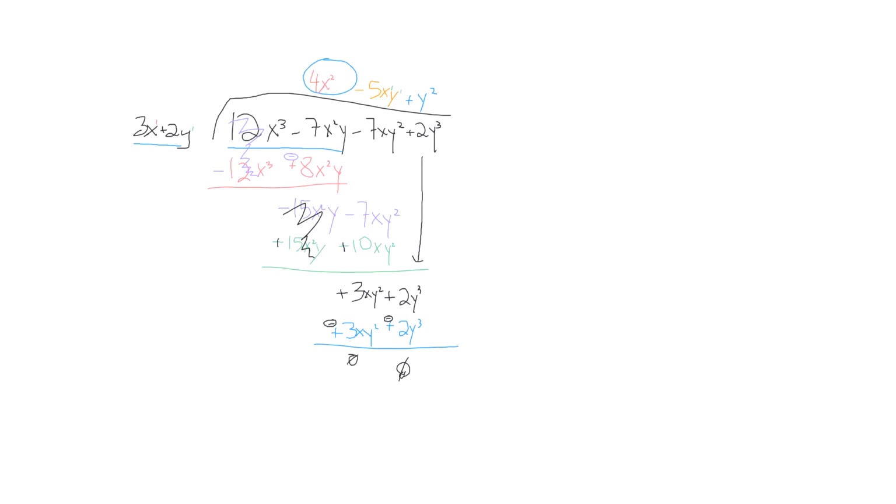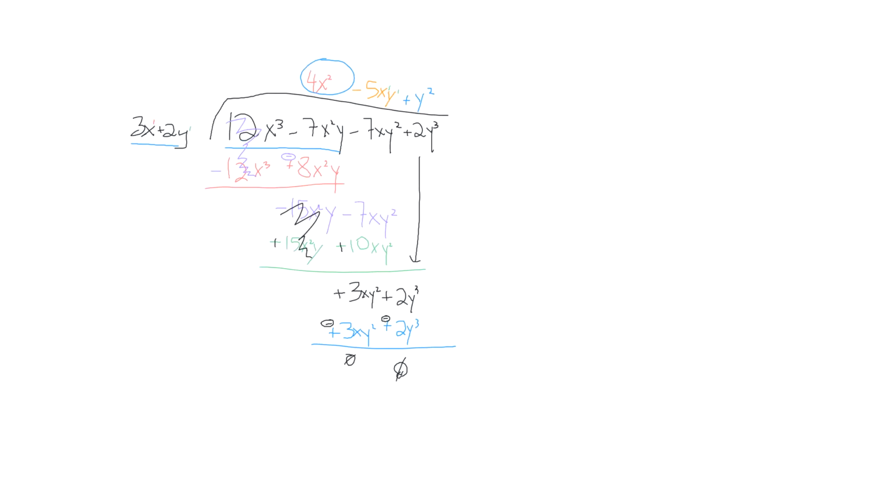So I have no remainder, which is good. So the answer, when I divide 3x plus 2y into 12x cubed minus 7x squared y minus 7xy squared plus 2y cubed, is this. That's the product.